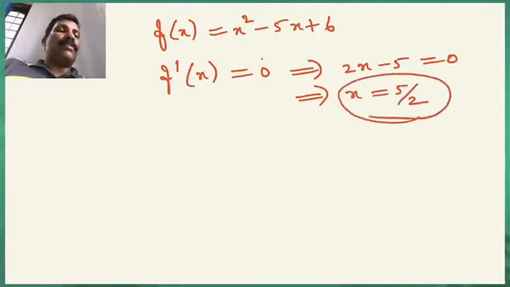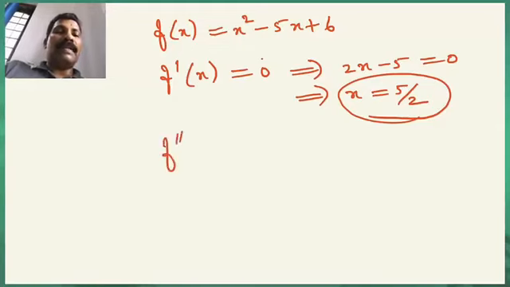So, when x equal to 5 by 2, either the point will be a local minimum or it will be a local maximum. Then how to decide whether it is a local maximum or minimum? For that, the second derivative test, by the name, we have to go for the second derivative.